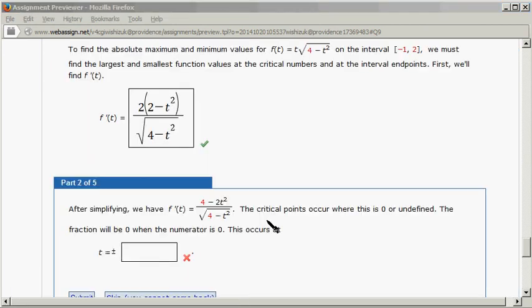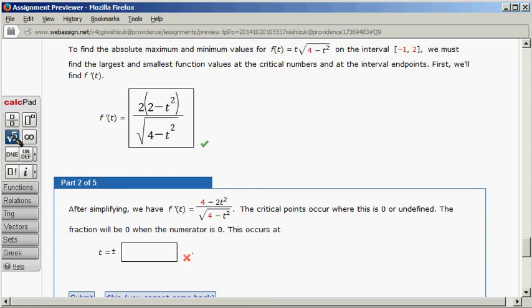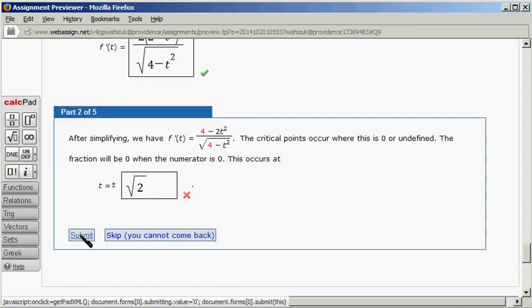It says we got the right derivative, and it says that the fraction will be 0 when the numerator is 0. So we set t squared equal to 2, so it's plus or minus the square root of 2. We put the square root of 2 there. Then submit.